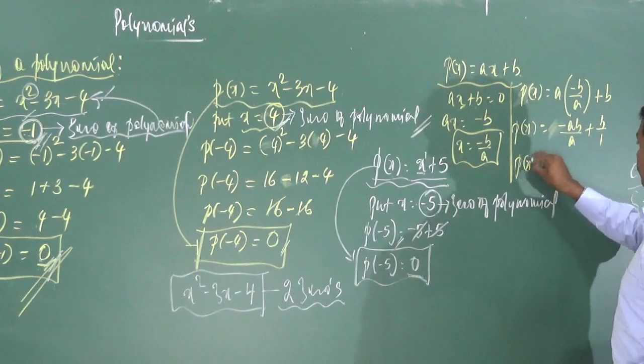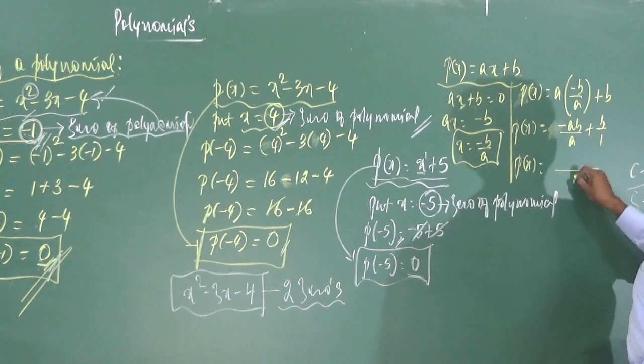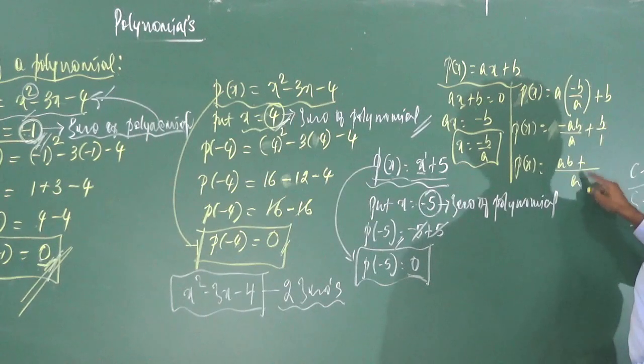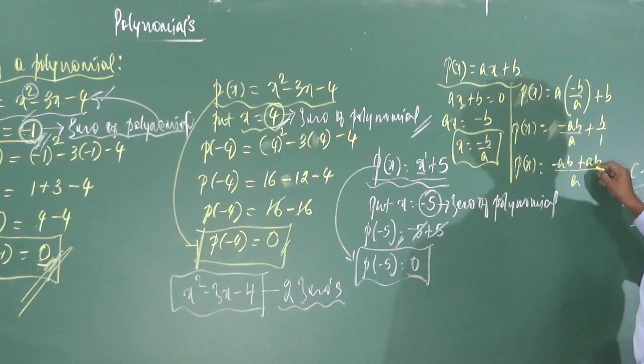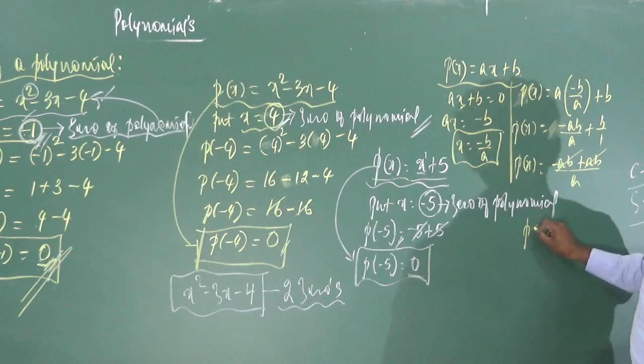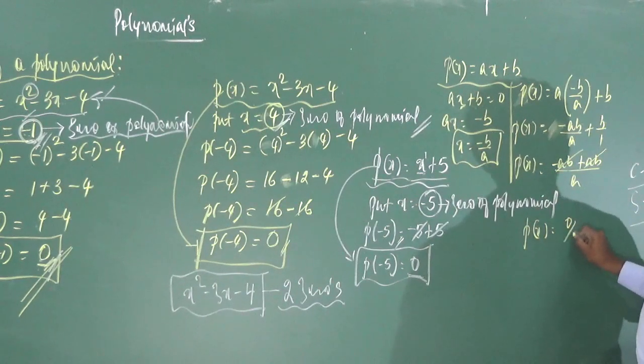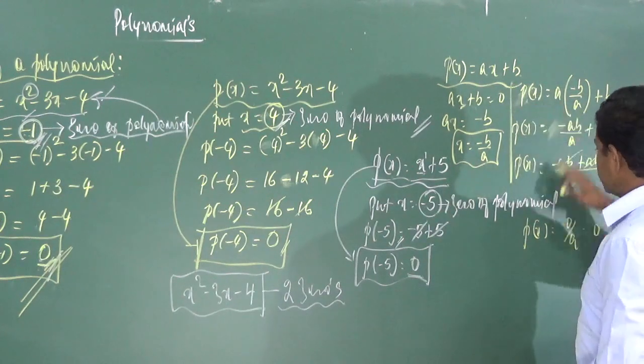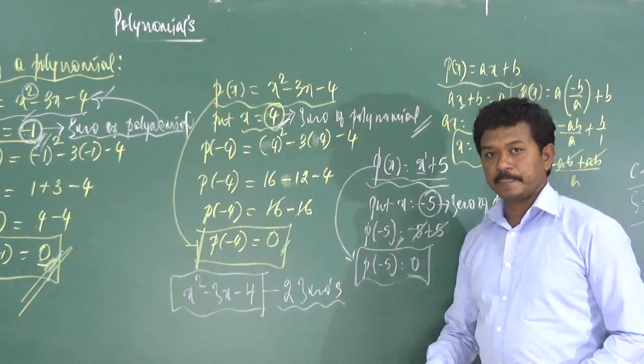So, p of x is equal to, the LCM of a and 1 is a, minus ab by a, plus b by 1 into a is ab, right. So, plus ab minus ab cancels. So, p of x is equal to 0 by a, that becomes equal to 0. This is the most generalized form that I am showing you here, right.